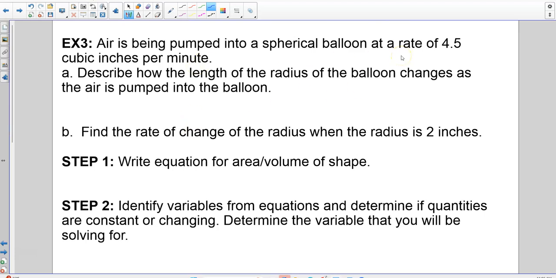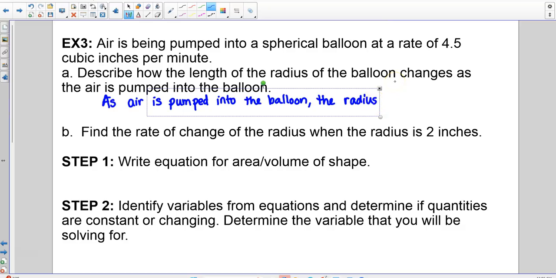So, describe how the length of the radius of the balloon changes as the air is pumped into the balloon. This first part's just asking us to think about it. As air is pumped into the balloon, the radius.